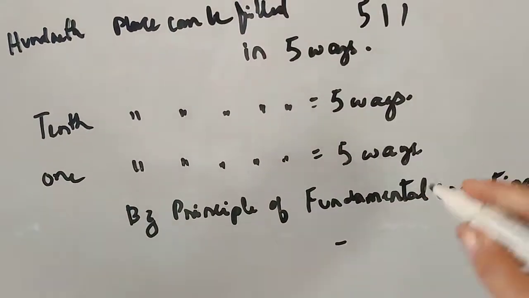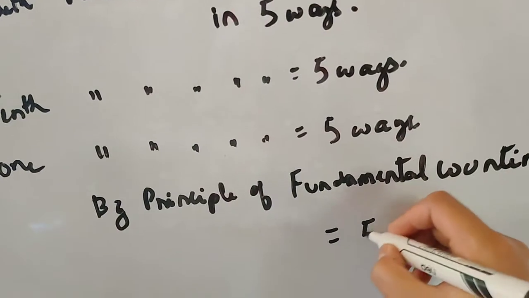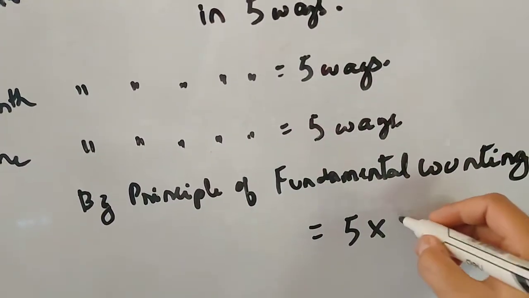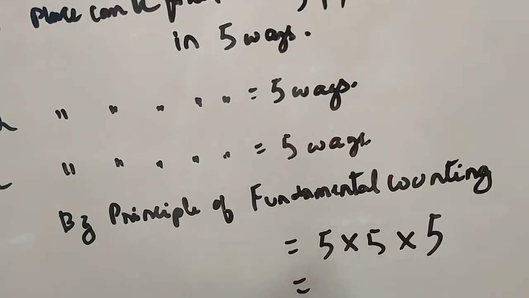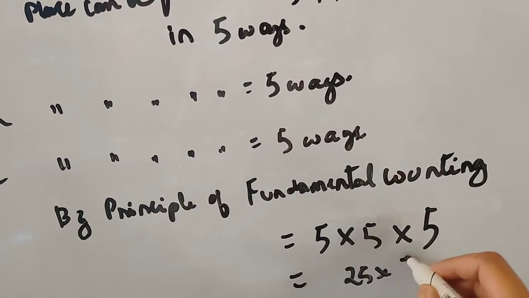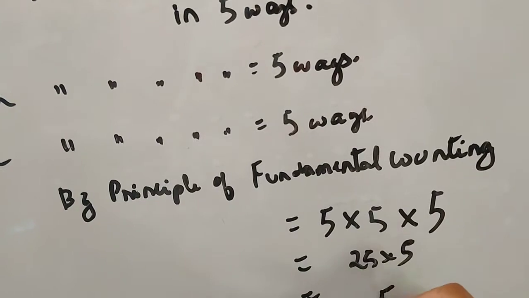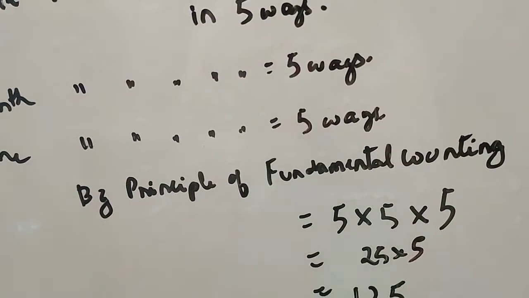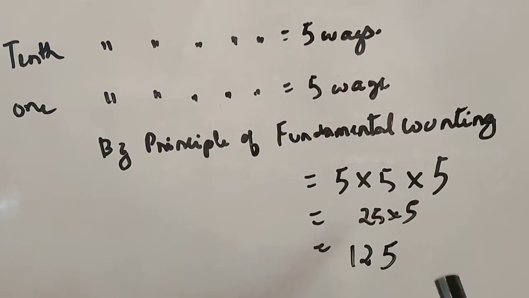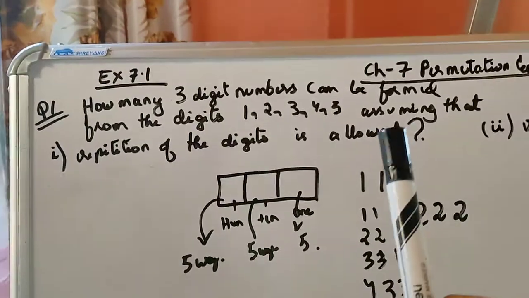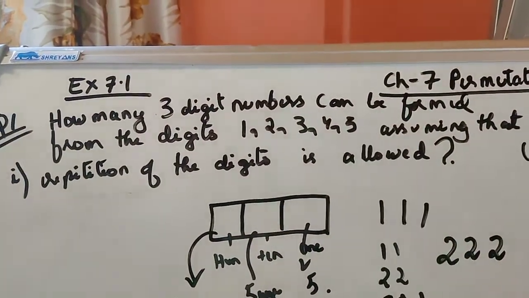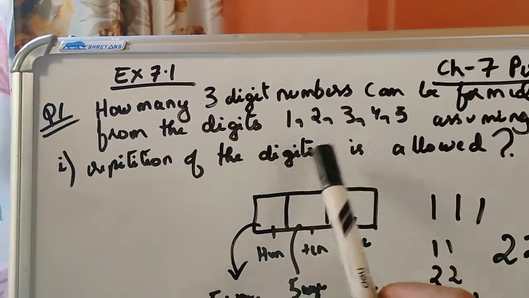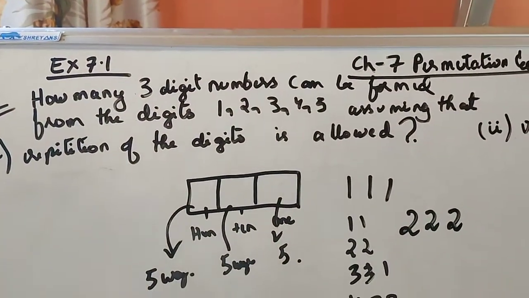So first the 100's place is 5, next is also 5, and the 1's place also we have 5 ways. So 25 into 5, you will get 125. That means 125 3-digit numbers can be formed using the digits 1, 2, 3, 4, 5, assuming repetition of the digits is allowed.